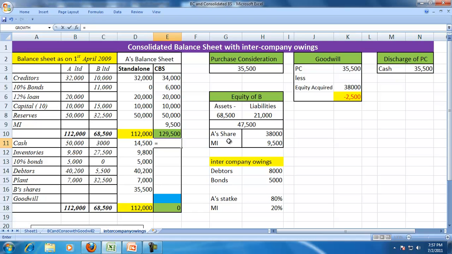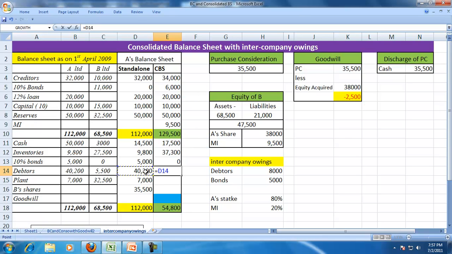Similarly, cash is 14,500 plus 3,000. Inventories are 9,800 plus 27. Bonds are 5,000 minus 5,000, because that is the intercompany item.